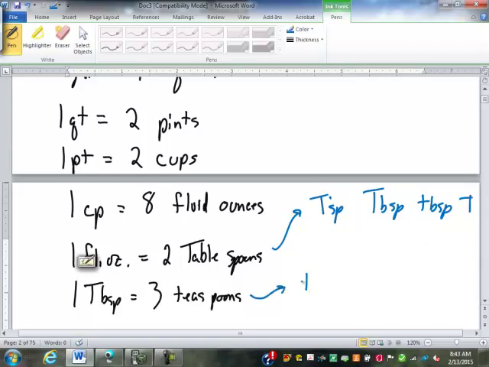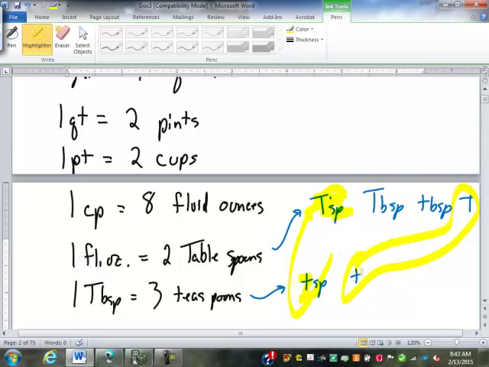Teaspoons can be small TSP or just small t. Now you can see the possible confusion there between those 2 abbreviations. So just a word of warning to be careful there.